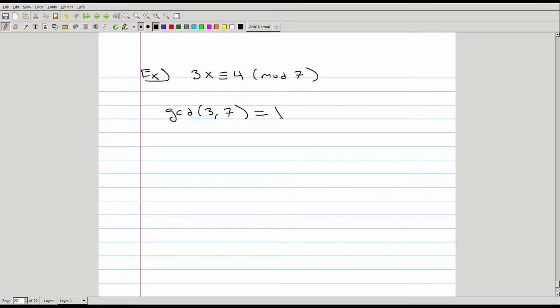So therefore, we can find an inverse of 3 mod 7, specifically that inverse is going to satisfy 3 times a bar is congruent to 1 mod 7.